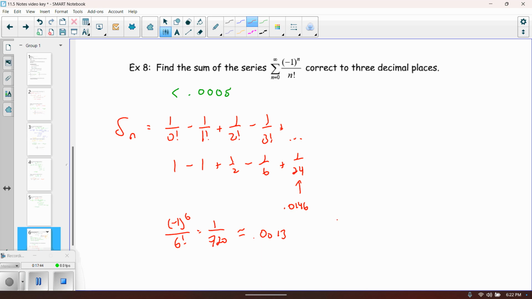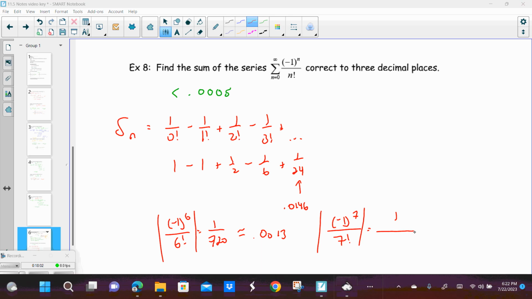So the next one would be negative 1 to the 7th over 7 factorial, which is, again, we take the absolute value. I should have done that here, even though I didn't need it. So it's going to be 1 over 7 factorial.